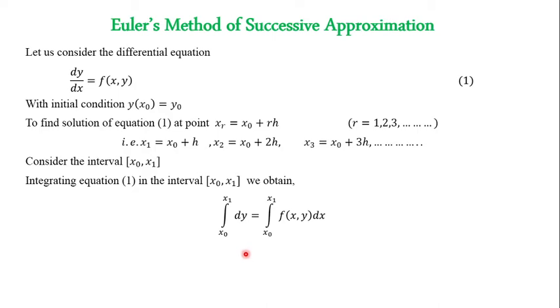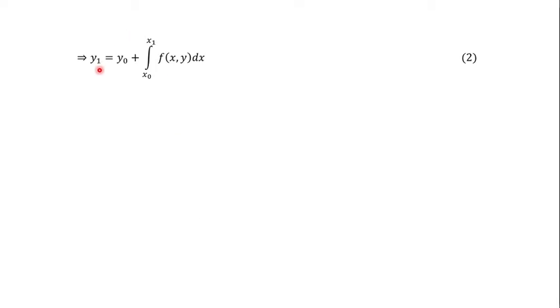In the LHS the integration is y within the limit x0 to x1. So the upper limit is x1: y at x1 is your y1 and y at x0 is your y0. So in the LHS you will get y1 minus y0 is equal to integration x0 to x1 f of x, y dx. So you will get y1 is y0 plus integration x0 to x1 f of x, y dx. Call this equation 2.